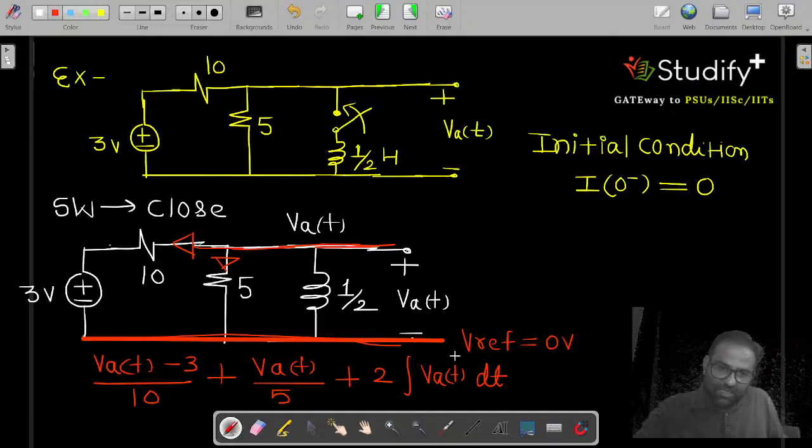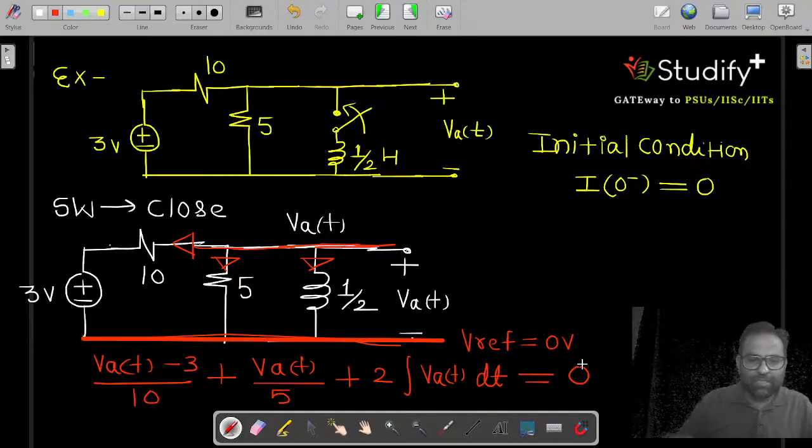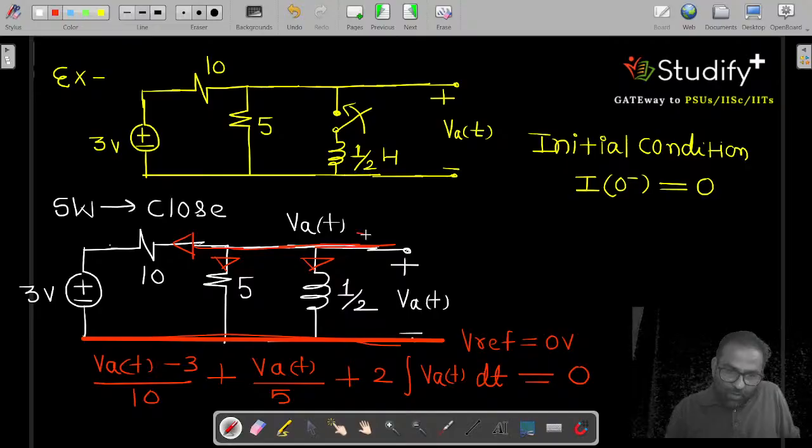This is the current going inside the inductor. And the sum of all these currents is equivalent to 0. Why is the sum of all these currents equal to 0? Because the current going or coming to this branch is also equivalent to 0.